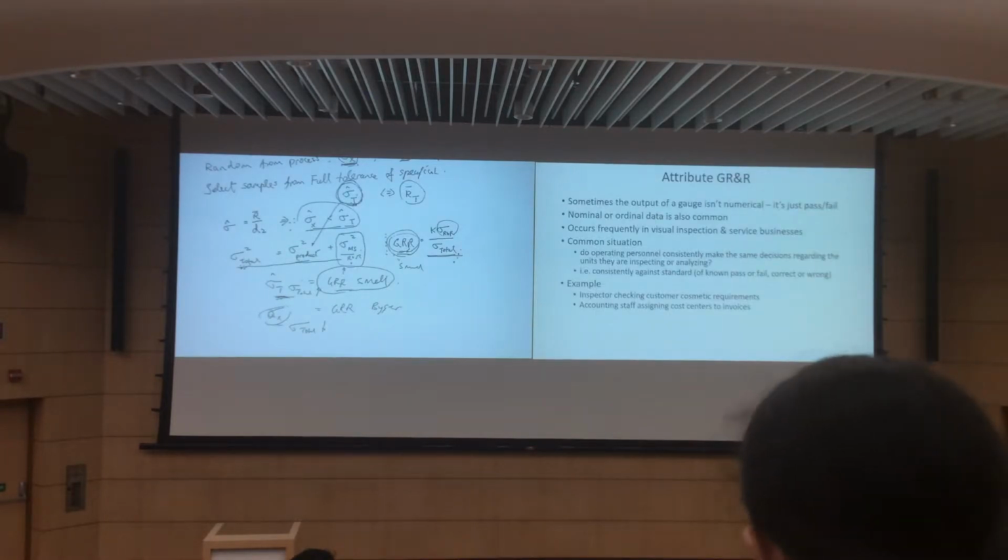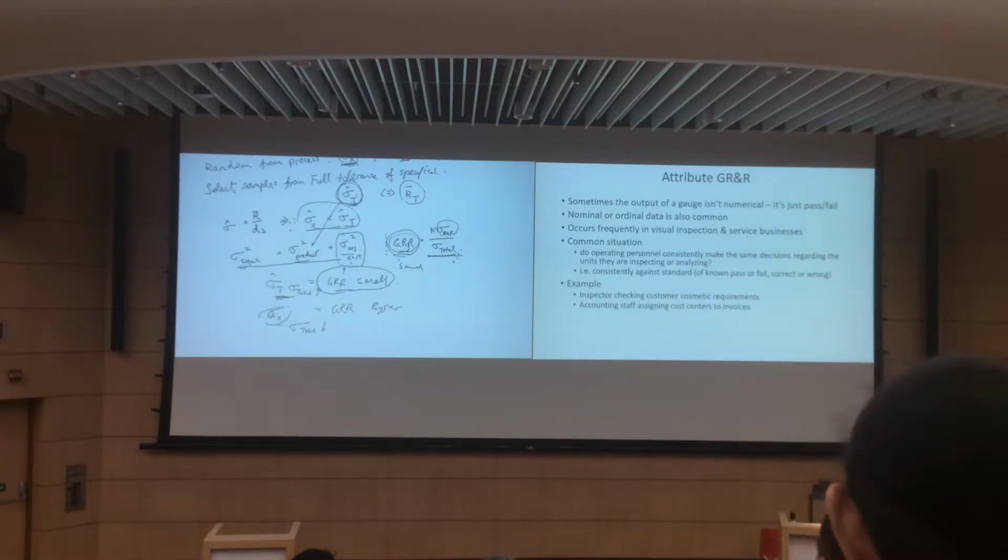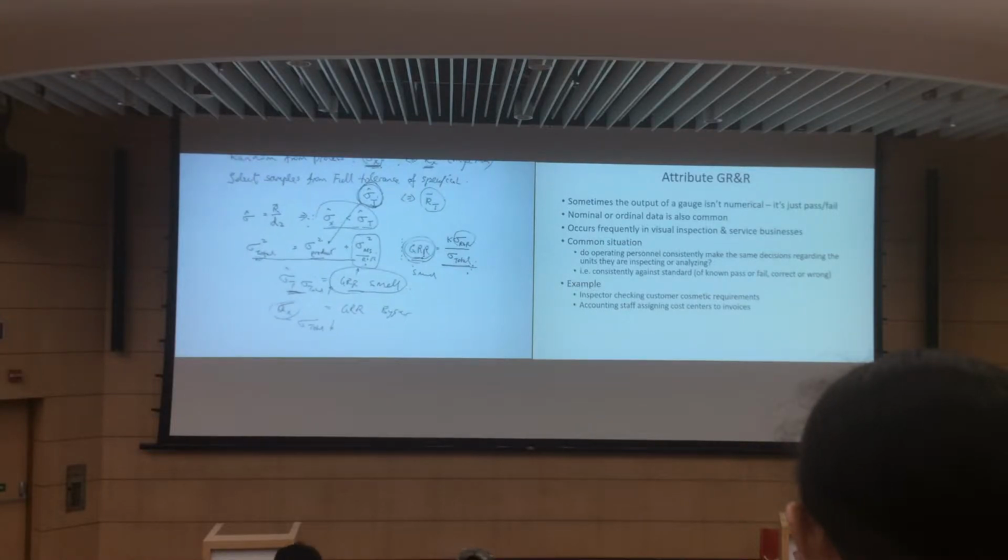Now, this part I will not test you on, but just for your common knowledge. For the simple reason that, you say that for variable numbers, we can go to MSA. But a lot of times in our jobs, we depend on the operator to screen the part and subsequently pass it to the customer and ship it out, right?